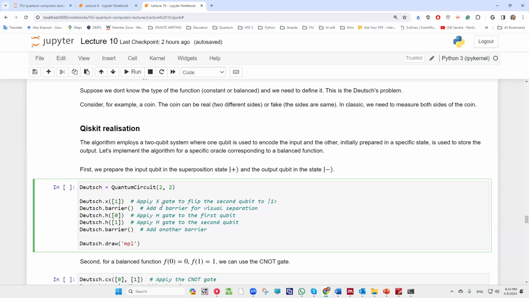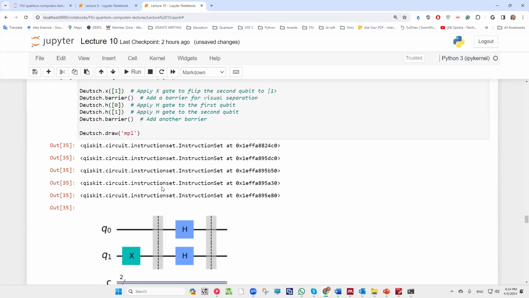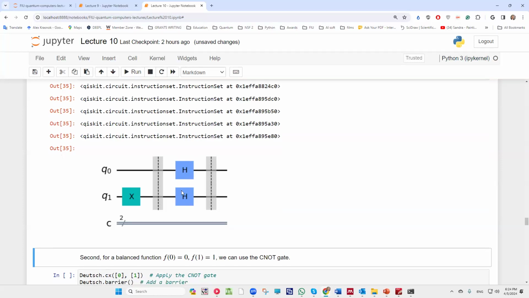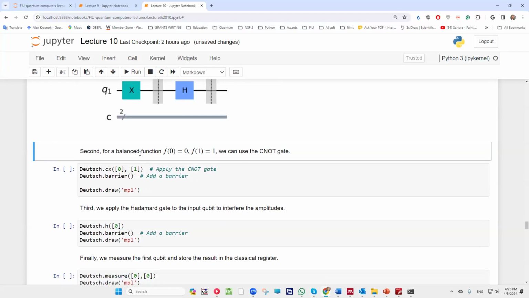So here, as a first part, we start with the first qubit in the state 0, and we need to flip the second qubit to the state 1. Okay. Then, like always, we apply this layer of Hadamards to create the balanced superposition of the basis states, because we're going to work with all of them simultaneously in a single run, right?